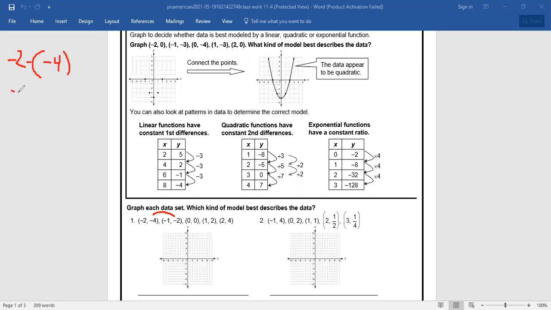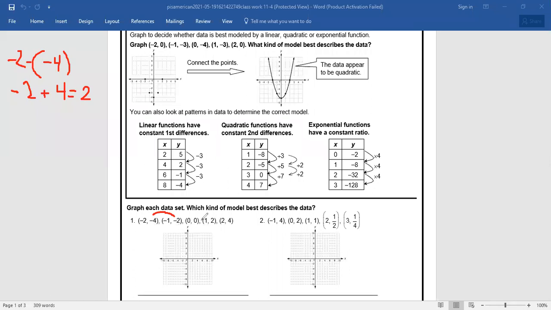Then it will be negative 2, and then negative times negative becomes positive 4, right? Then negative 2 plus 4 is equal to 2. Then we can note that the difference is plus 2.